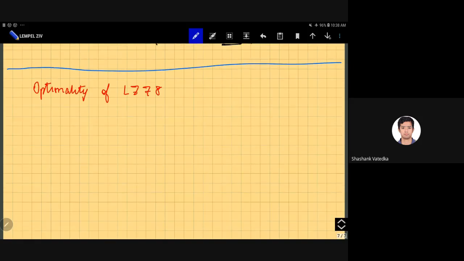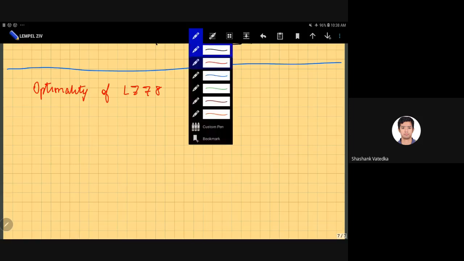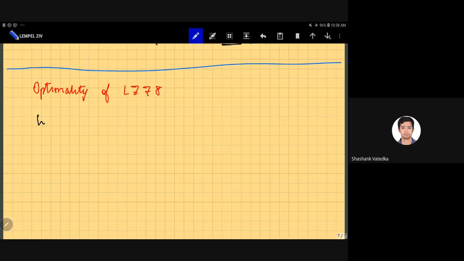So what is perhaps surprising is the following result. Given any sequence x^n, consider any sequence. I don't even say that this is random. The only assumption that I'm going to make is that n is very large.